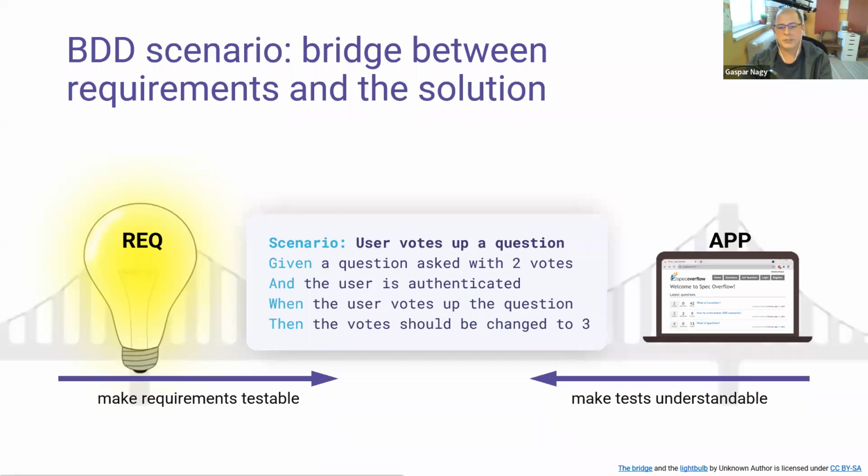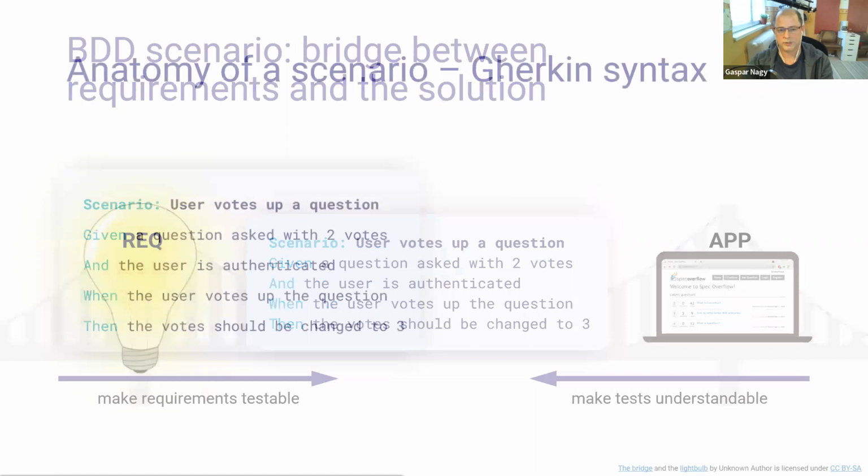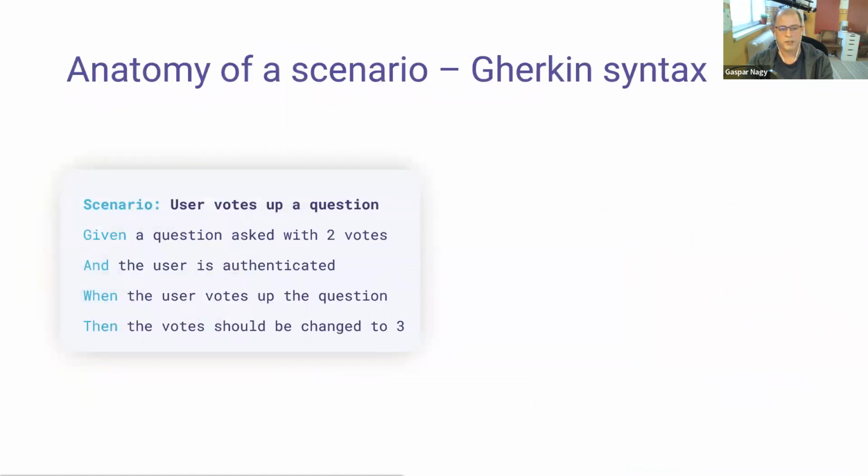I see the steps, I see what it is doing, but what I wanted to do with that, that's an interesting question. So that's what we are trying to do: make these things closer together and make the scenario form a bridge between the two sides.